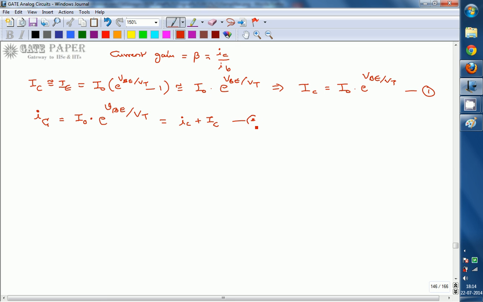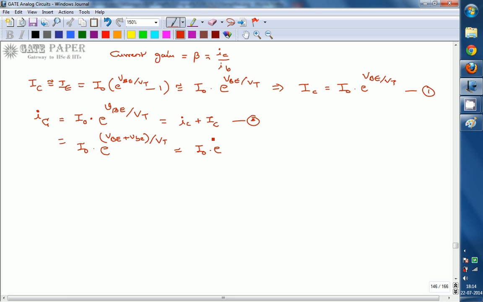This is the second equation. Now from this I am writing I naught times e power VBE by VT. This can be simplified into e power capital VBE plus small vbe, separately, by VT. And e power a plus b is nothing but e power a into e power b.